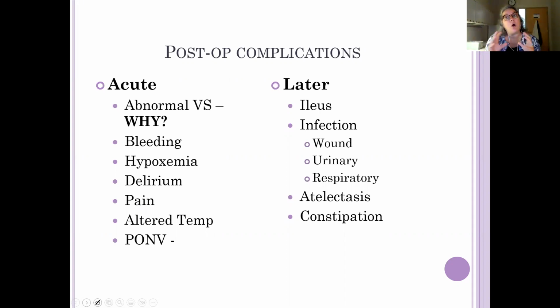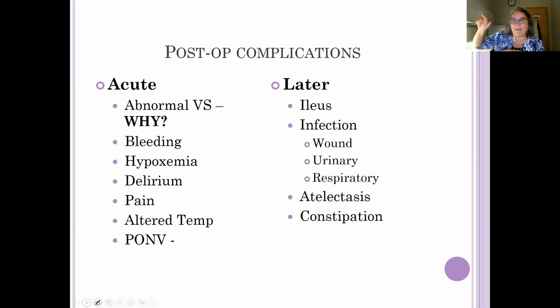So there's okay abnormal, and then there's this is really not okay abnormal. You can have bleeding, you can have low blood oxygen, you can have delirium, you can have pain, you can have altered temperature. Later on in their recovery period, you can also have ileus. That's a vocabulary word. I'm going to have you look that up.